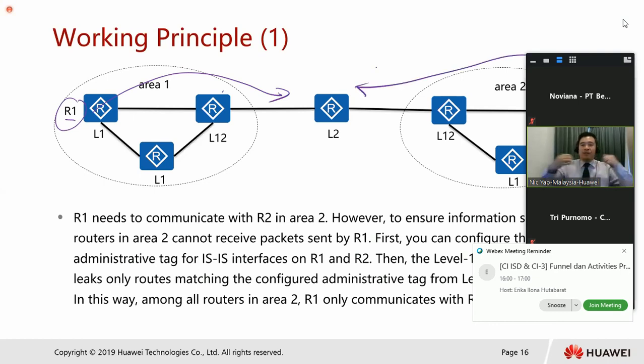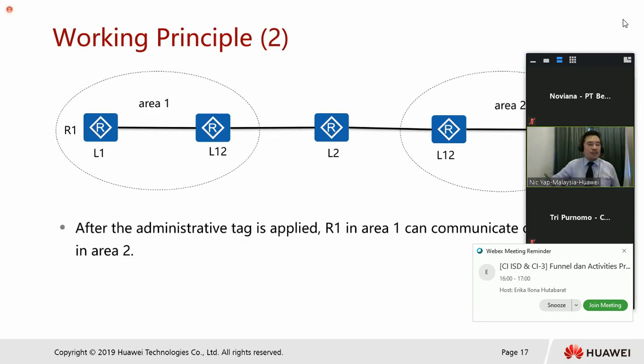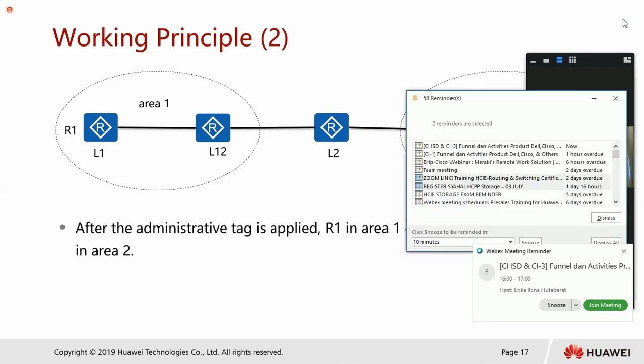So I only allow this to pass through between the areas. In this case, router 1 and router 2 will be able to communicate only with themselves. After the administrative tag is applied, R1 in area 1 can communicate only with R2 in area 2.